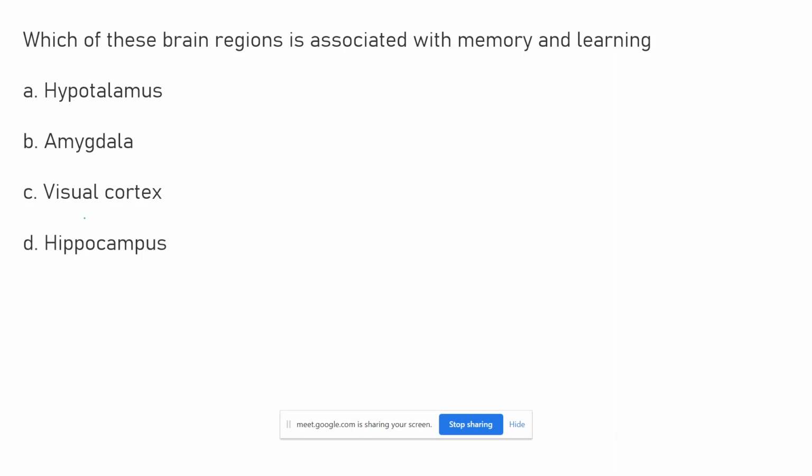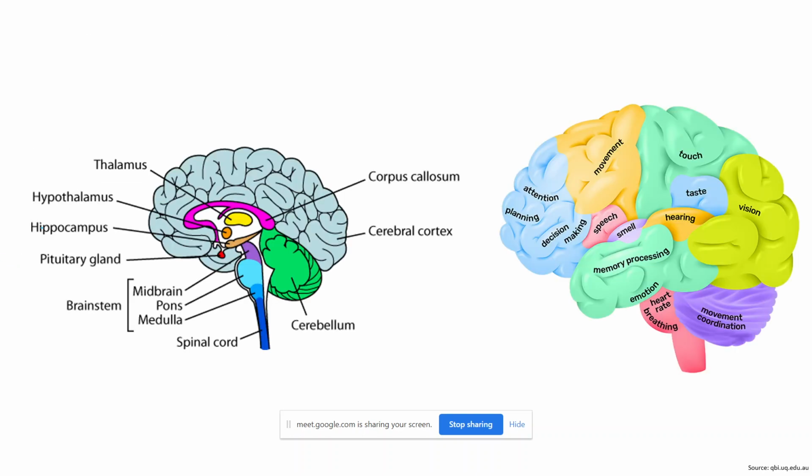So memory and learning are associated with the hippocampus. So very briefly, I'll move on to the parts of the brain. I'm sure everyone has read this, but I'll cover it just for a recap.